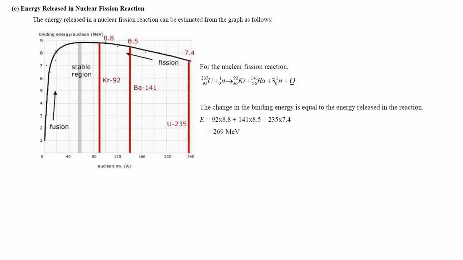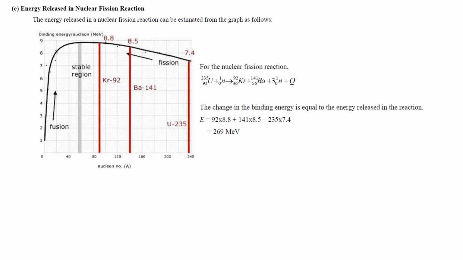Okay, let's try this one. Energy released in the nuclear fission reaction. Okay, so the energy released in the nuclear fission reaction can be estimated from the graph as follows.